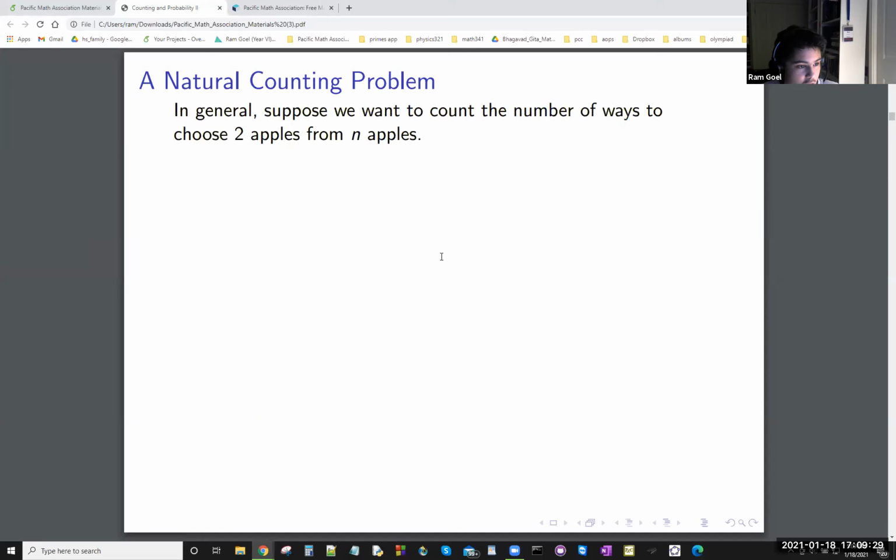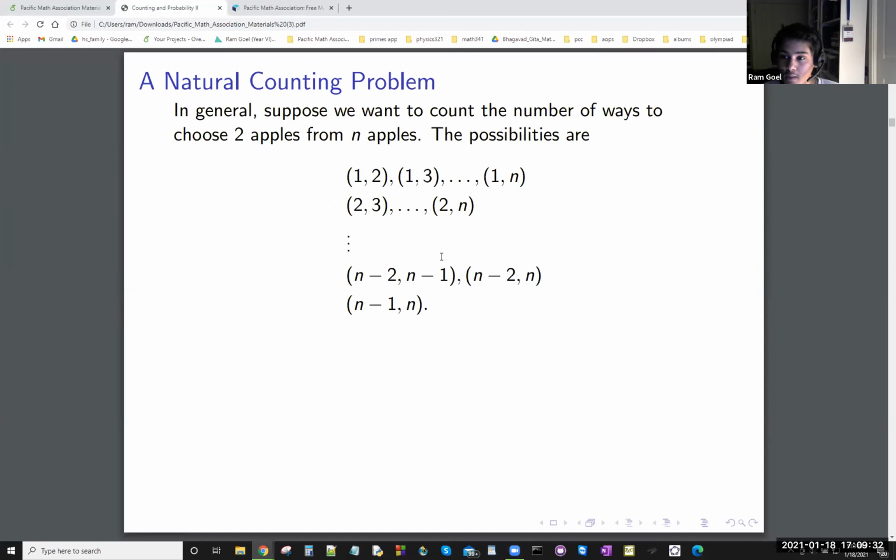Right, so as Suyash said, our initial goal was to say, let's say we have n different apples. Actually, like Suyash said, n apples may not be such a good analogy, maybe n distinct people. Everybody's different, so n distinct apples, maybe they're all different colors, and we're trying to choose 2 of them.